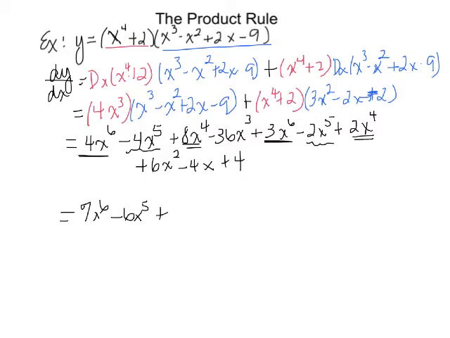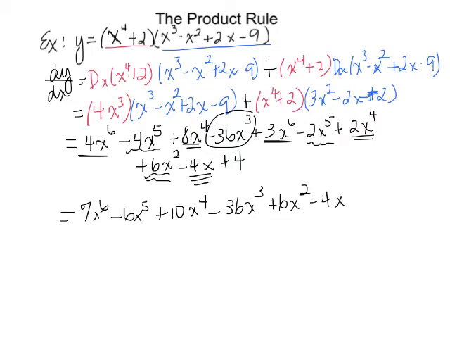That makes 10x to the 4th. And then I have an x cubed here, and 6x squared there, and a negative 4x. And finally, plus 4. So that is our final answer of the derivative.